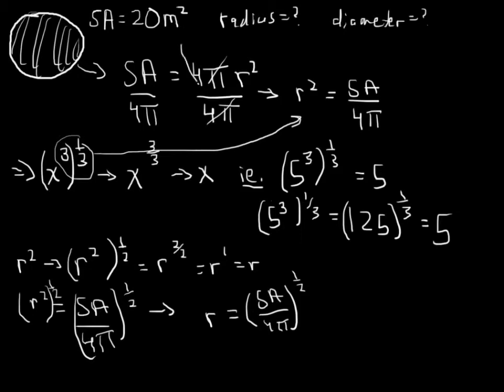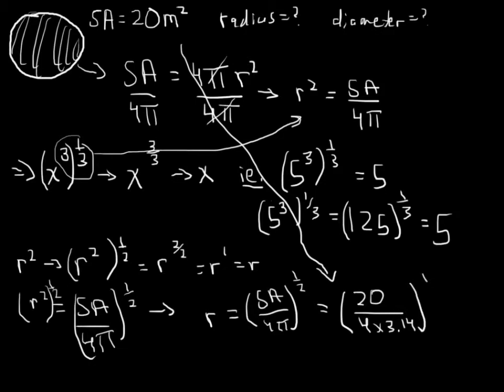Now we can just plug everything in. We're going to take 20, divide that by 4 times pi. We're just going to use 3.14 and then take the square root. Since we used units of meters squared, we know that's going to give us units of meters, since it's meters squared to the power of 1 over 2, just like a number, it's just meters.